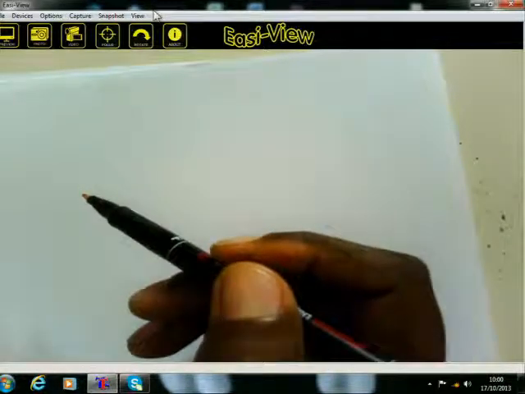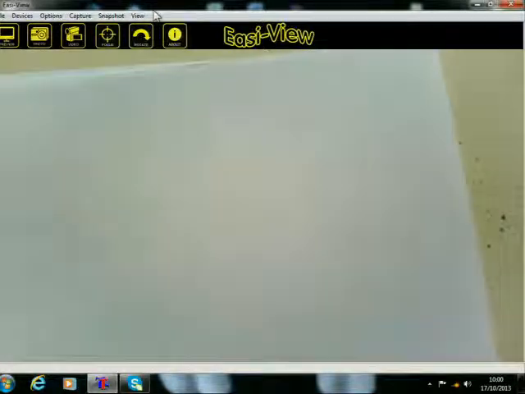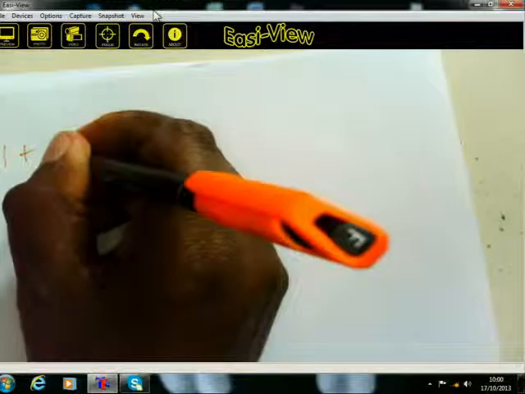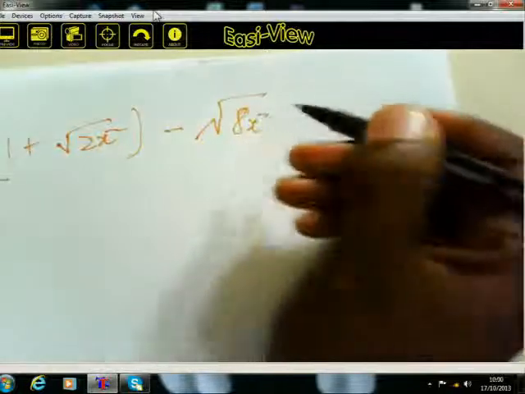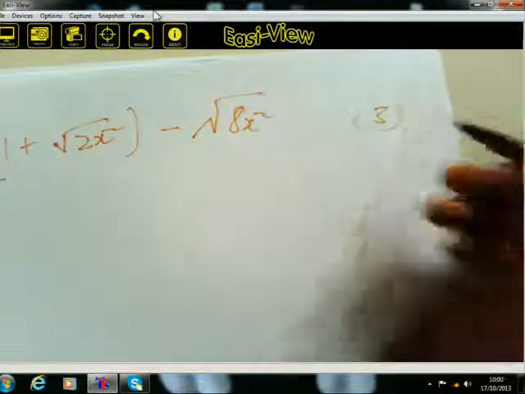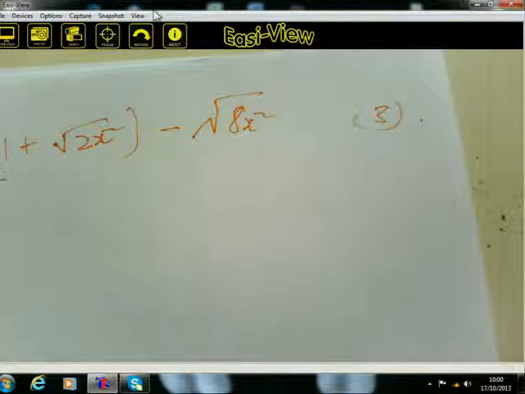It will be 1 plus the root of 2x squared, in brackets, all squared, minus the root of 8x squared, and then it counts 3 marks. Now let's see how we are going to go about doing that one. I'm giving you 2 minutes for that one.